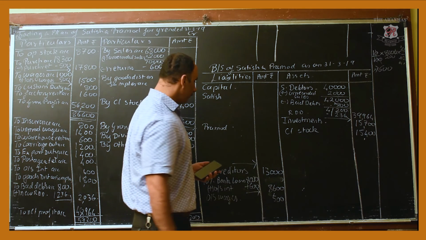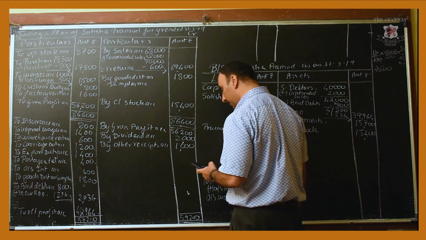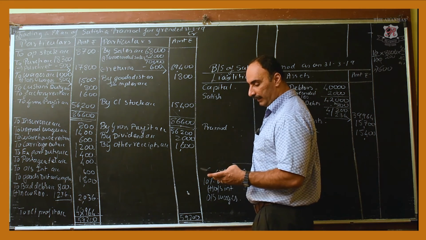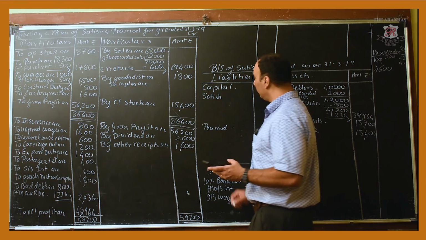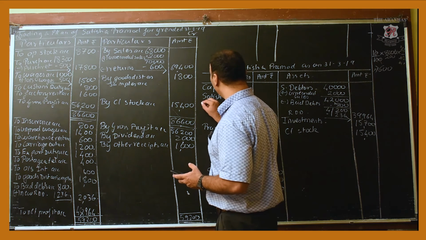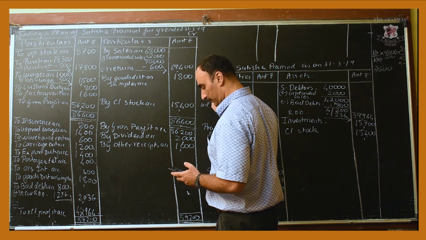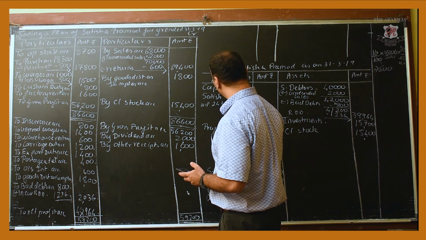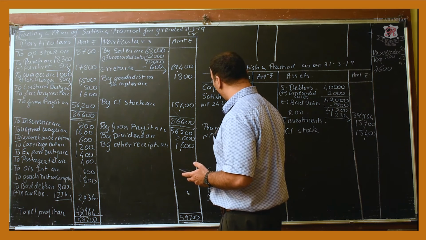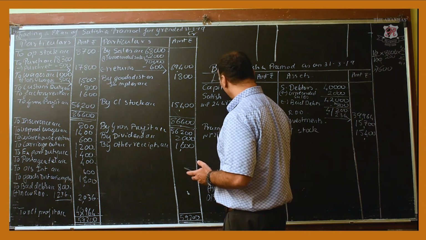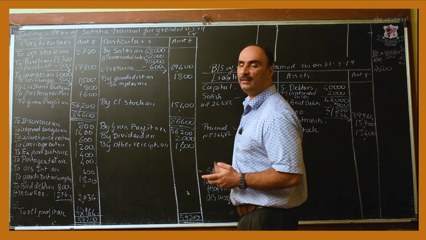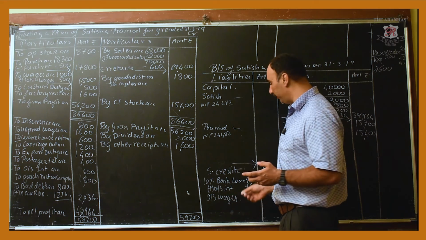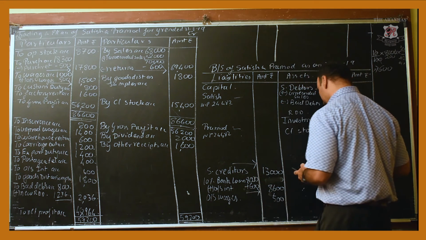So, just for the sake of showing the working, we can show net profit 24,482. I do not know the capital balances, I will know only the total after adding the net profit. Now let's see the total here.